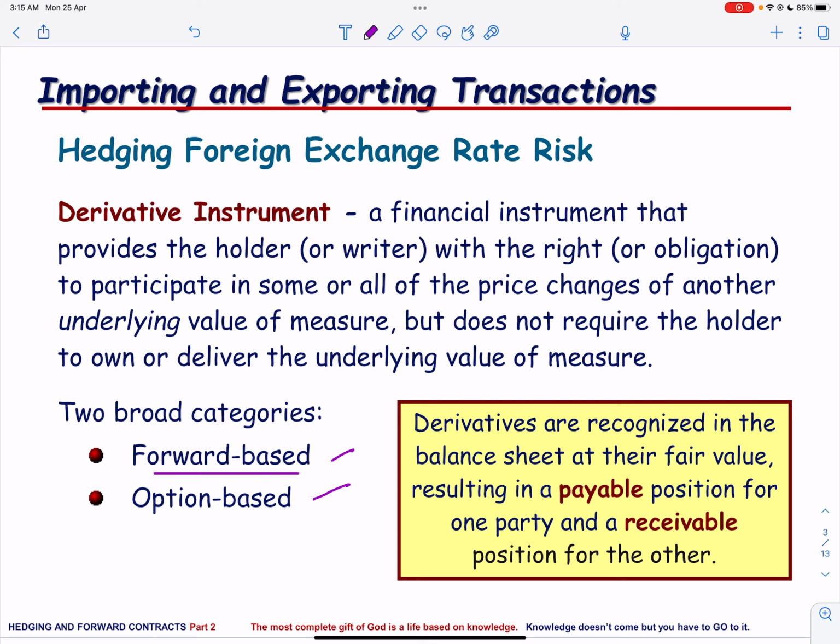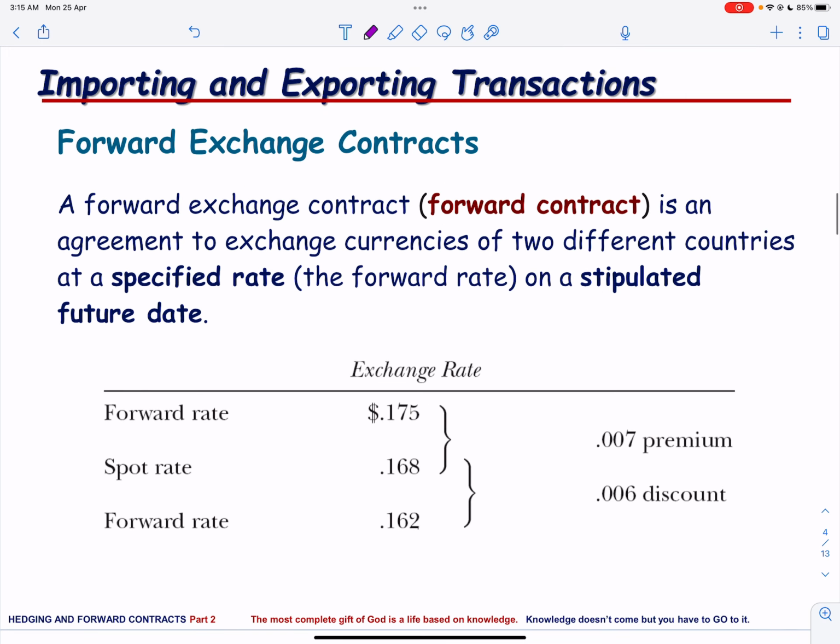Option-based gives the option to buy or sell within the period and is more speculative than a forward contract. A forward exchange contract is an agreement to exchange currencies of two different countries at a specified rate on a stipulated future date.